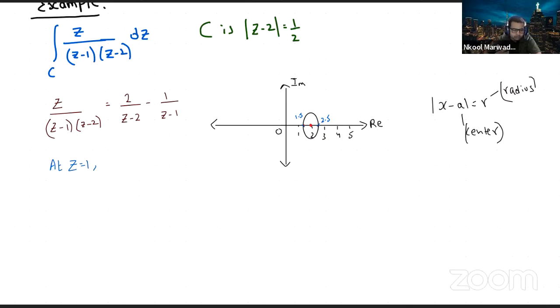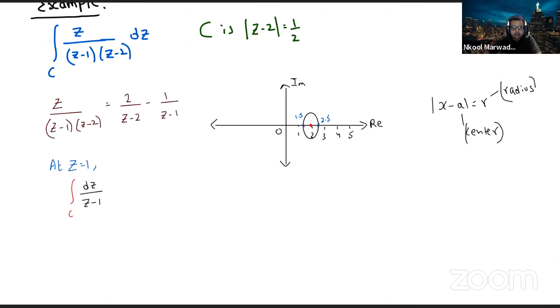So for this, I can write the integration over the contour of dz upon z. This part will become 0.